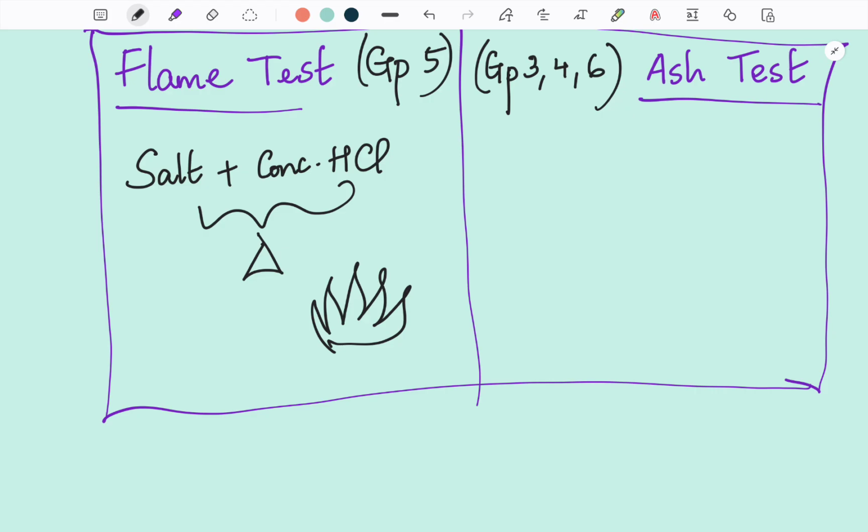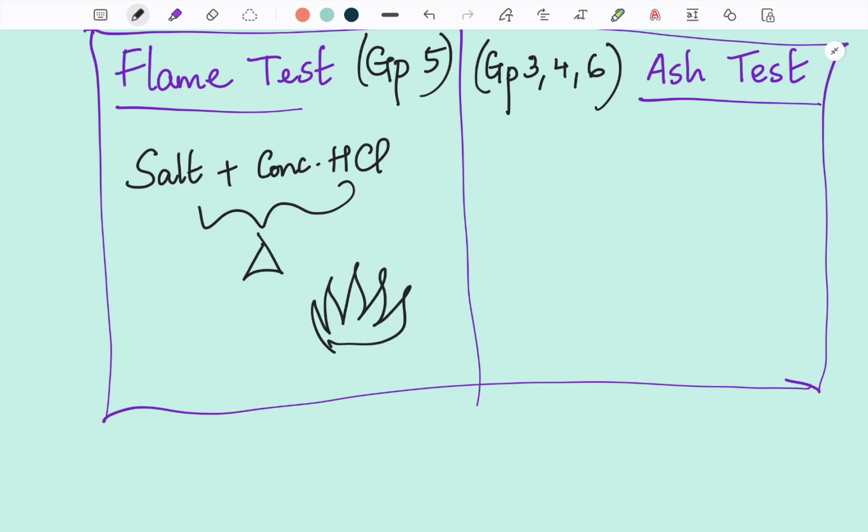So it is very simple. Just take the salt and add concentrated HCl and make it into a paste and show that paste to the blue flame with the help of a glass rod. Actually, you need to use a platinum wire, but in the lab, maybe you might not have platinum wire. So something which is easily accessible is the glass rod.